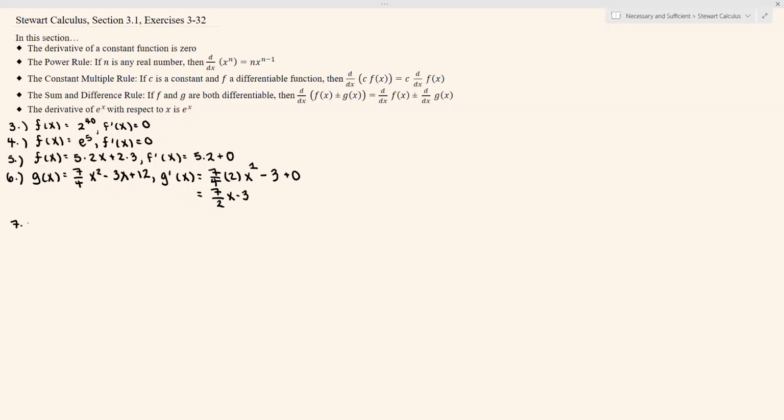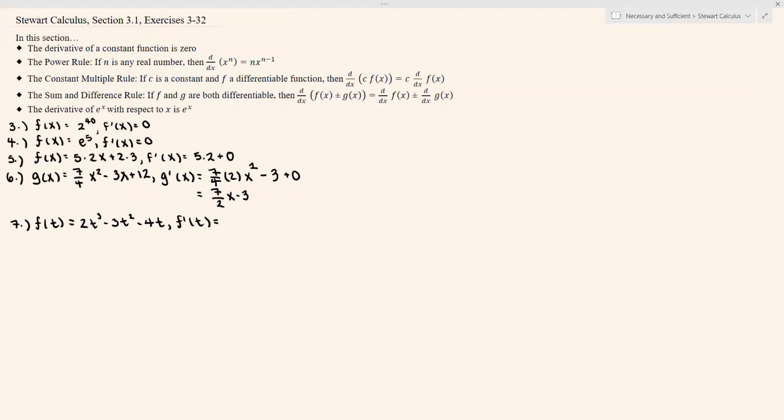Let's try problem 7. Problem 7 asks us to find the derivative of f of t equal to 2t cubed minus 3t squared minus 4t. So f prime of t, and again, we're just going to look at each component and take the derivative.